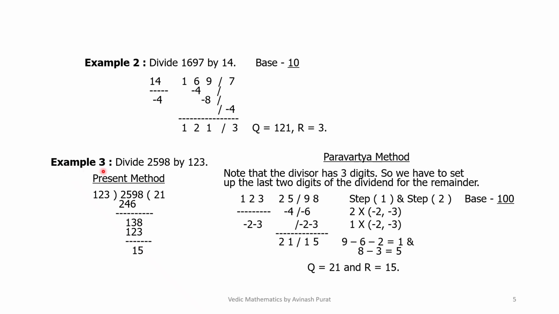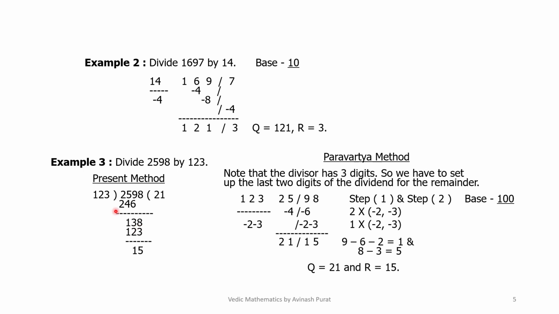Example 3. Divide 2598 by 123. Present method: 2598 divided by 123. 123 twice is 246, so 2 is taken here. 259 minus 246 is 13 and 8 is added.